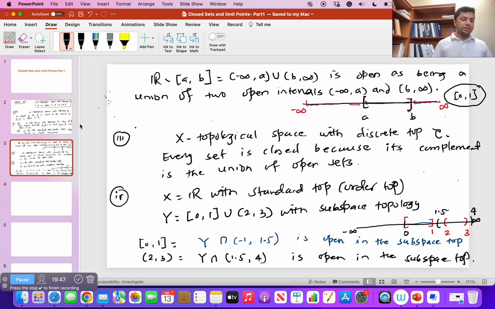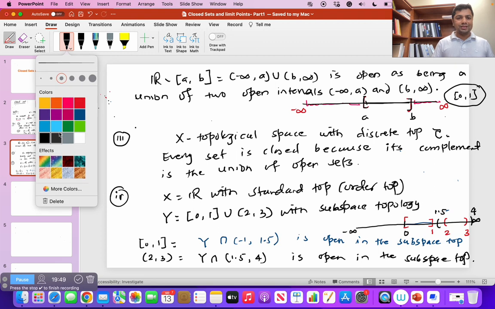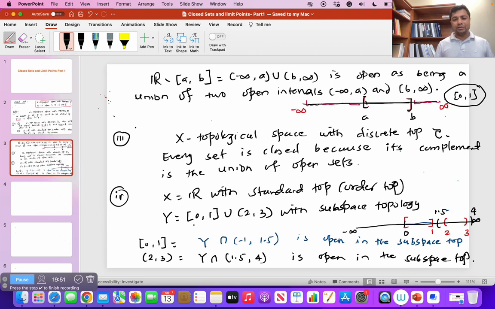Now in this Y, each set is open in the subspace topology. If we take the complement of the first one, that's going to be the second one. That means the complement of 0 to 1 is the interval 2 to 3, which is open. So the complement of this interval is open, which means this interval is closed.